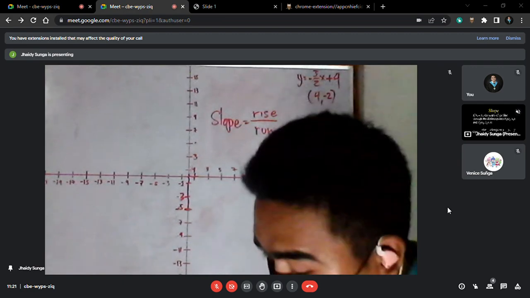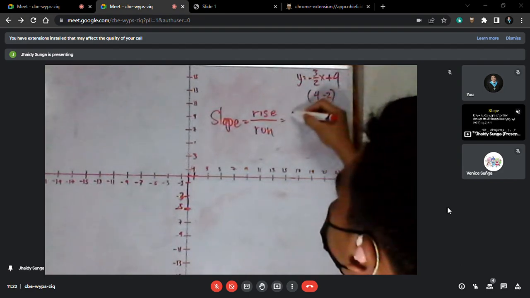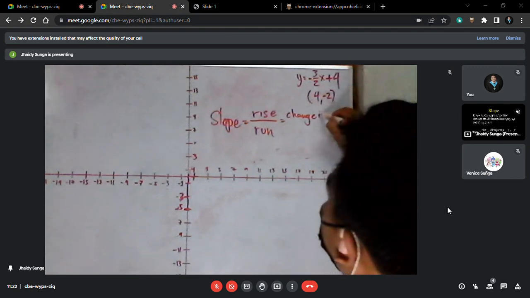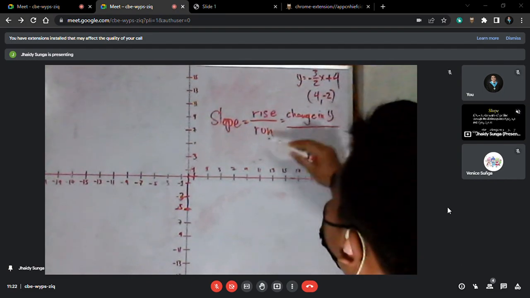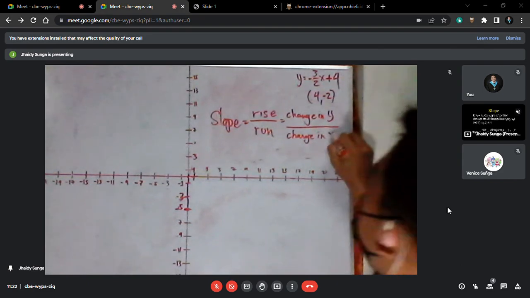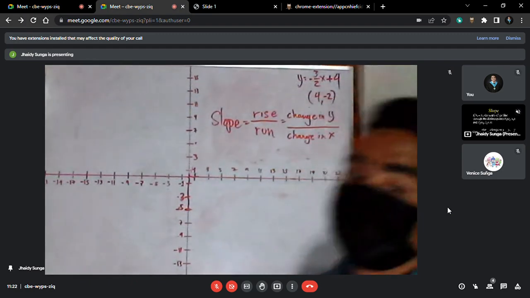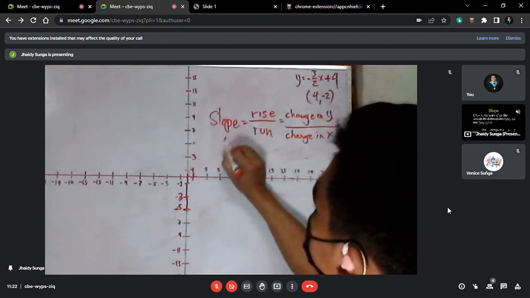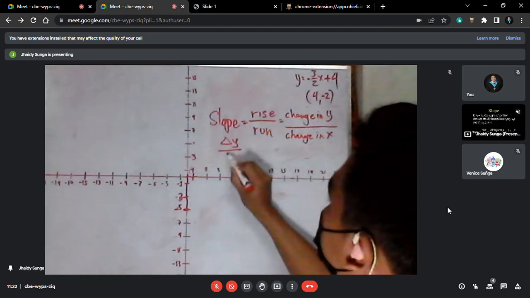Okay, so what is rise over run? We discussed this one already. If we say rise, the formula for that one is the change in y. Maybe you're familiar already. And if we say run, it is the change in x. We could say that change in y is delta y, and change in x is delta x.